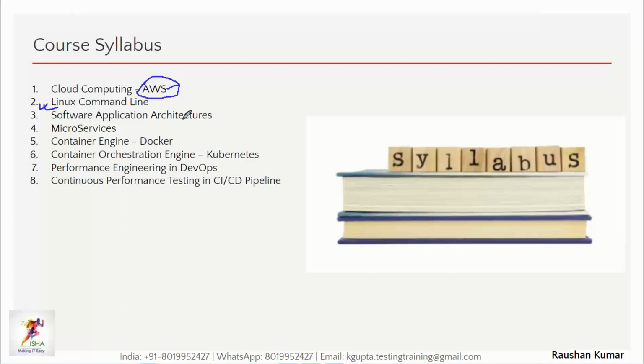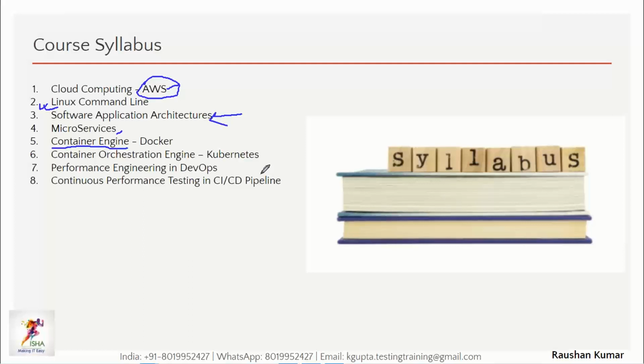Then we'll talk about software application architectures. What is microservices? What is a monolith application? What are the differences, and why are we talking about microservices? We'll understand that in detail. Then we'll talk about the container engine, Docker. How do we create containers, and where do we host these microservices?